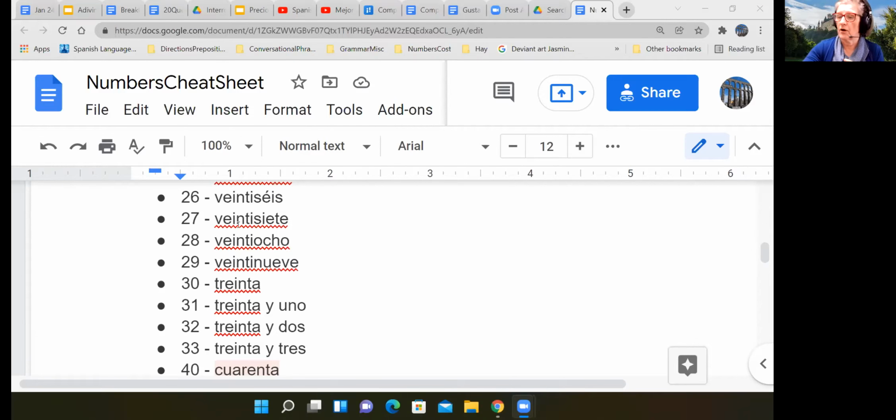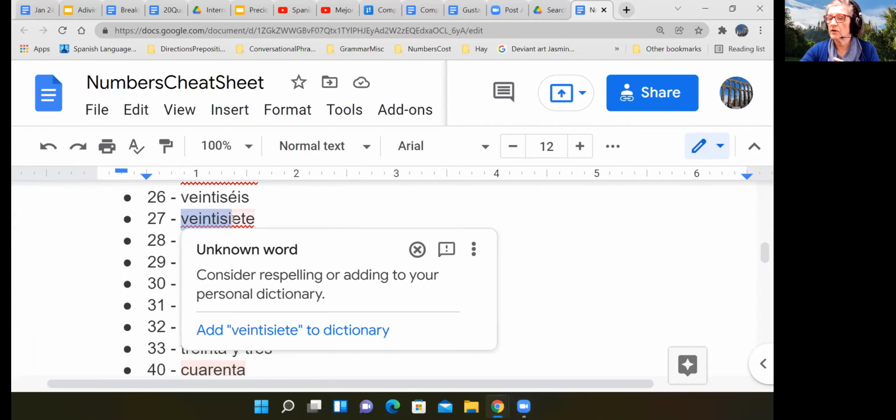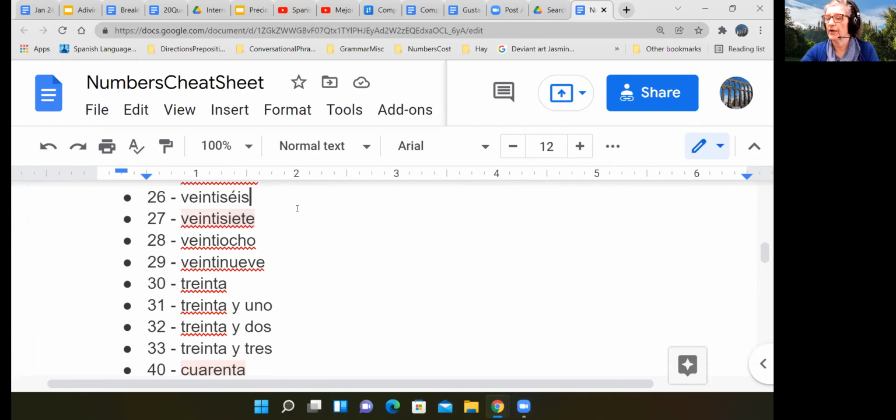So what Cindy is talking about is this transition. I'm sorry about that unknown word thing, that's a spell checker. That 27, veintisiete, is all run together, and that's the way you're going to hear it.